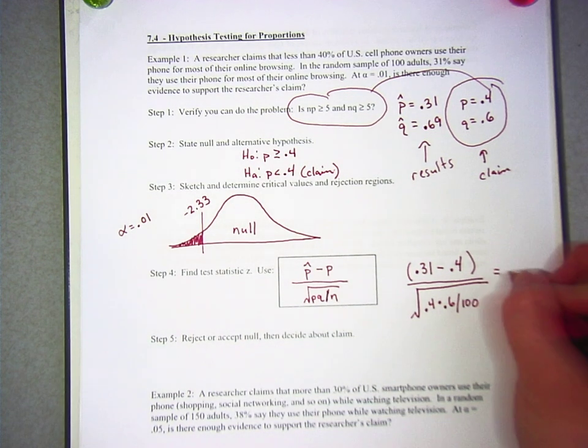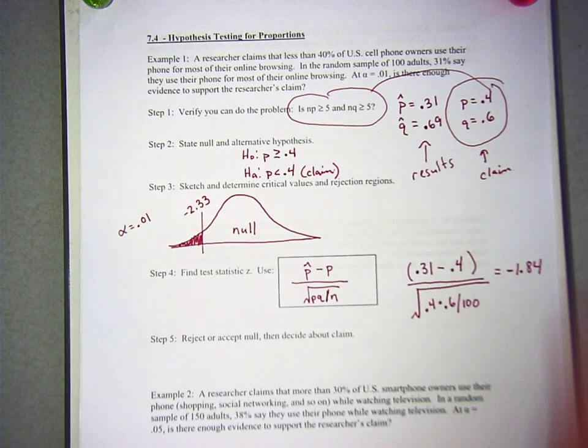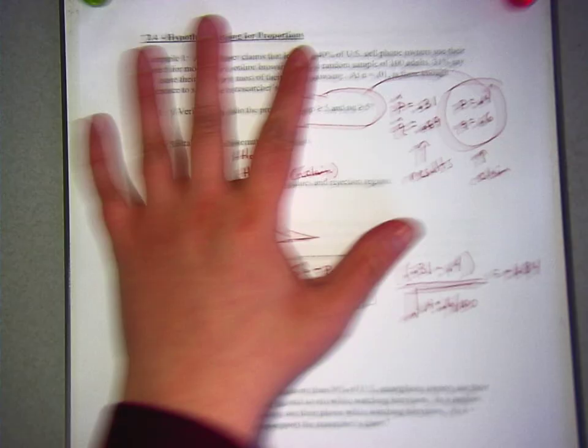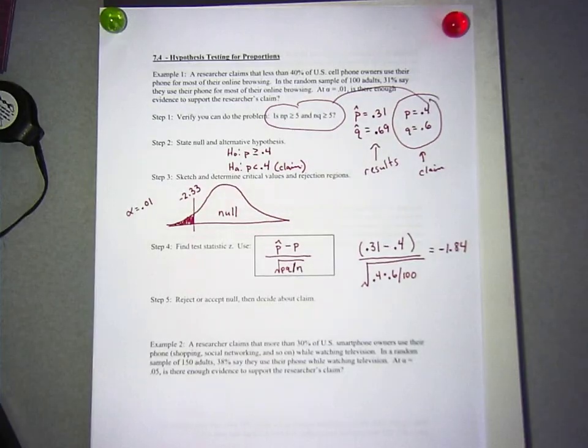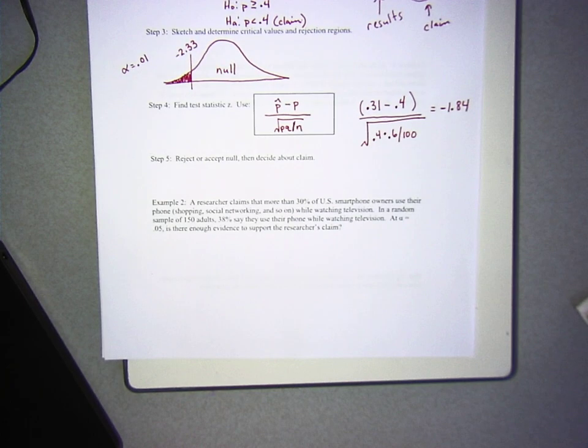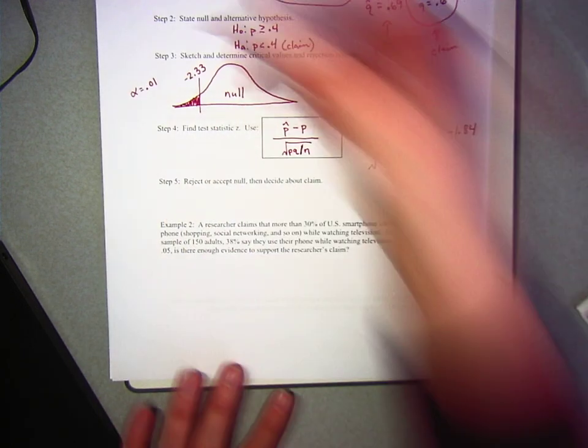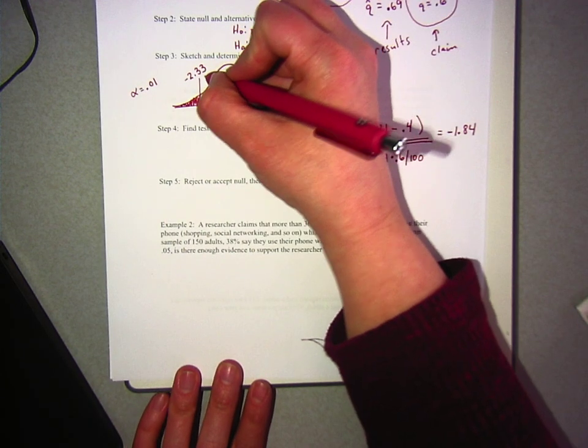I got negative 1.84. Did you guys get the same thing? Okay. So negative 1.84 falls like here.